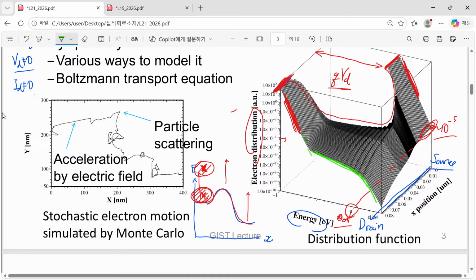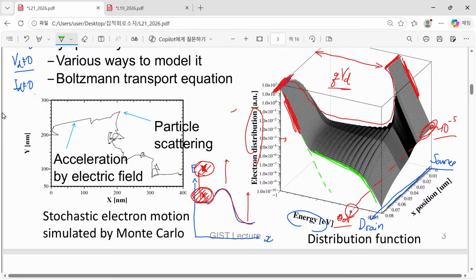Please note that if this energy distribution at the drain side really follows just a Maxwell-Boltzmann distribution, then we can expect just a straight reduction of the distribution function in this semi-logarithmic scale.